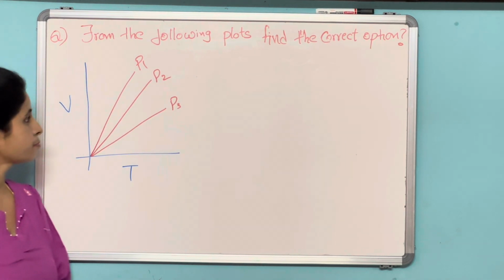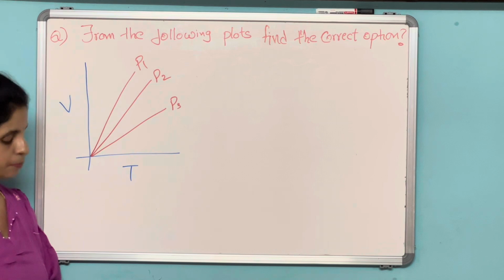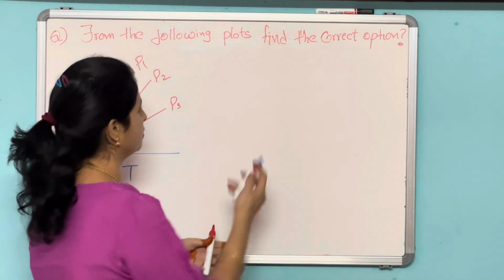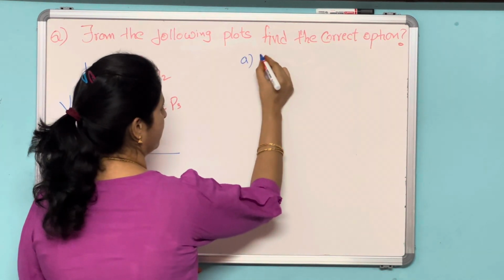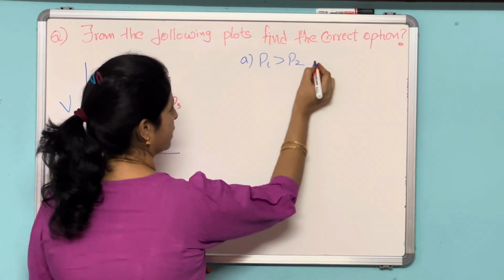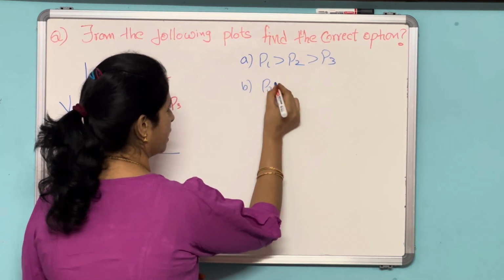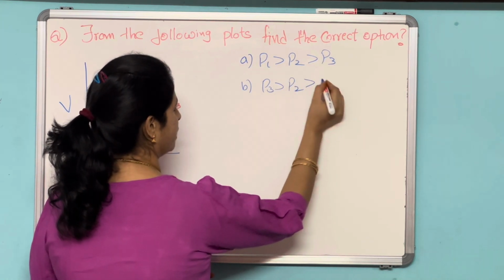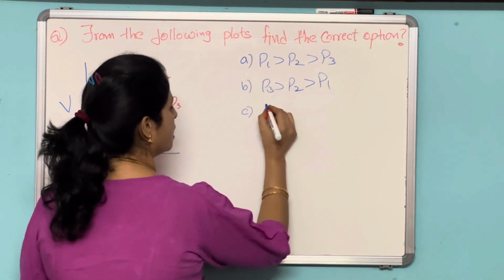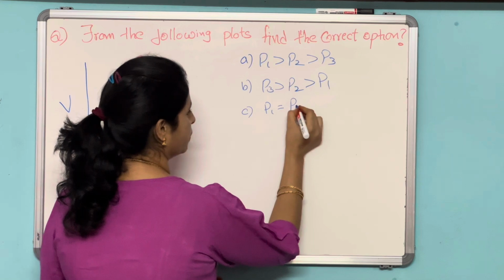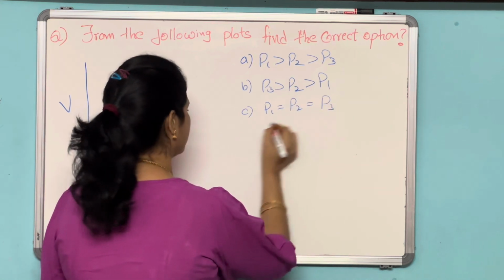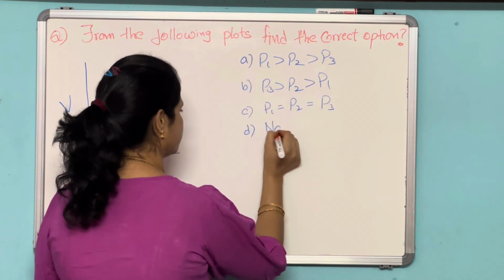Now the options are: A, P1 greater than P2 greater than P3. B, P3 greater than P2 greater than P1. C, P1 is equal to P2 is equal to P3. And D, none of the above.